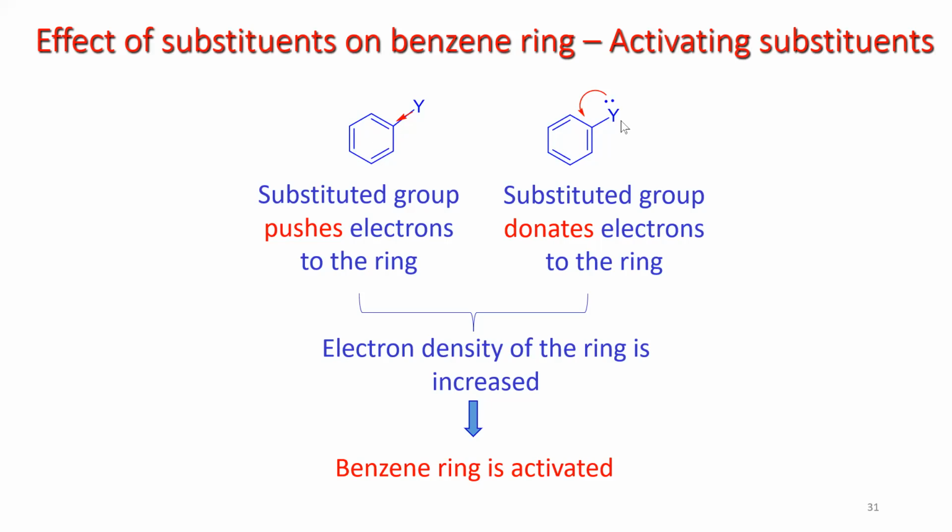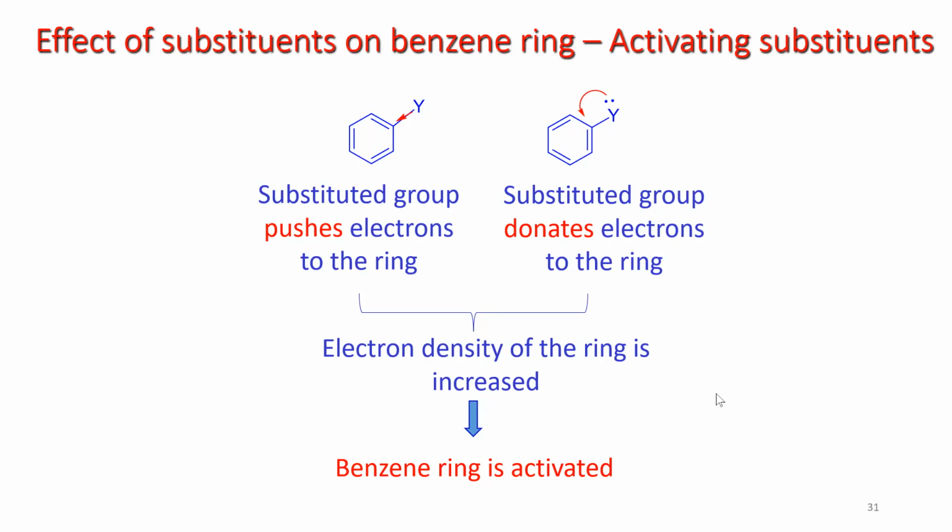So, there are groups which can donate electrons like this. This Y has a lone pair of electrons which can be donated to the ring. So by donating the electrons also, the electron density of the benzene ring goes up, right? So in cases where Y either pushes electrons or donates electrons, the electron density of the ring is finally increased.